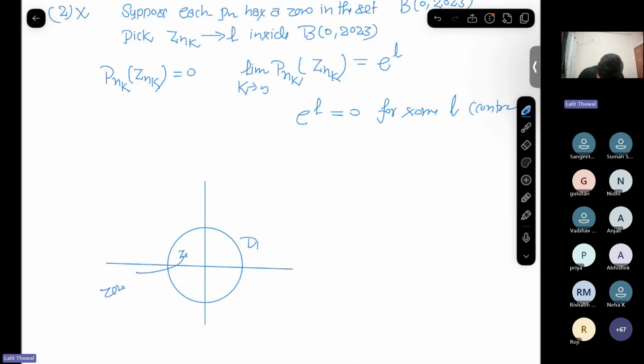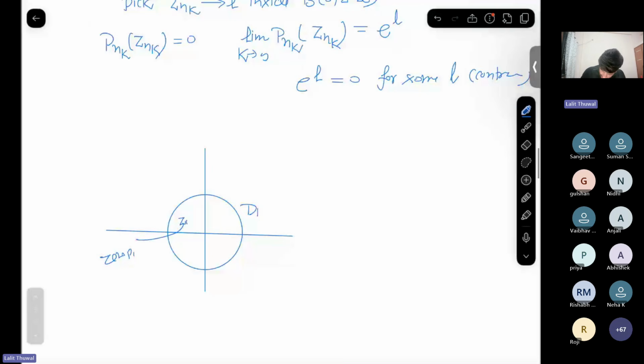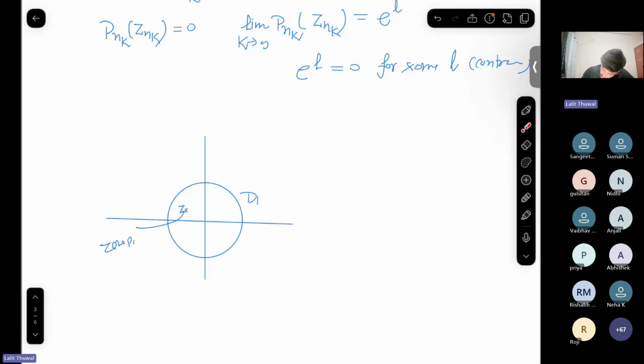Then we will choose another disk whose radius is greater than D1, and it contains a zero of P2.